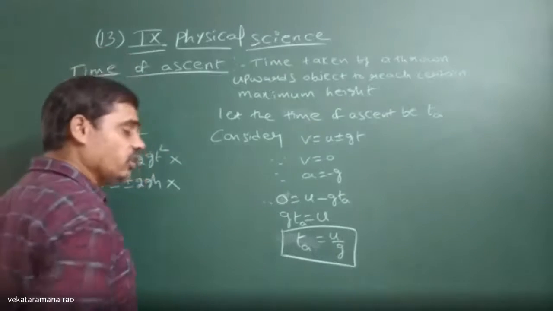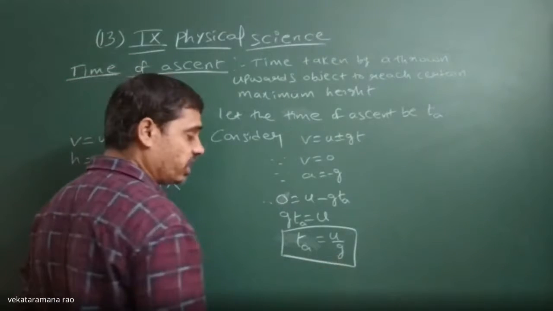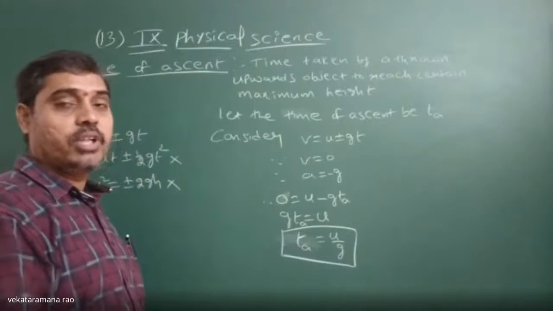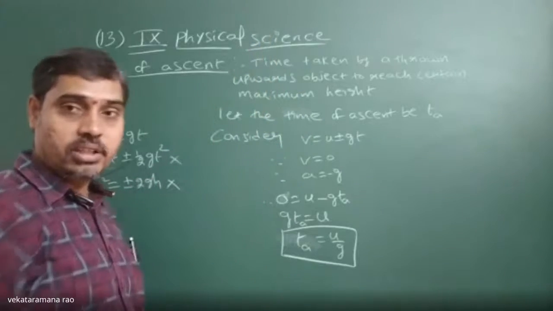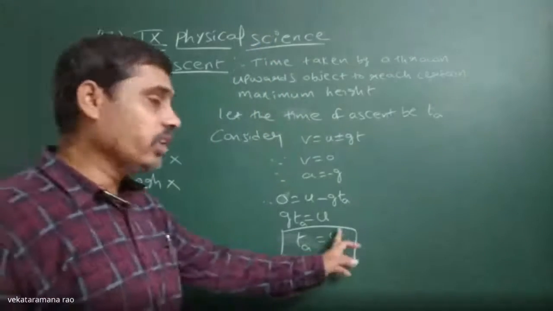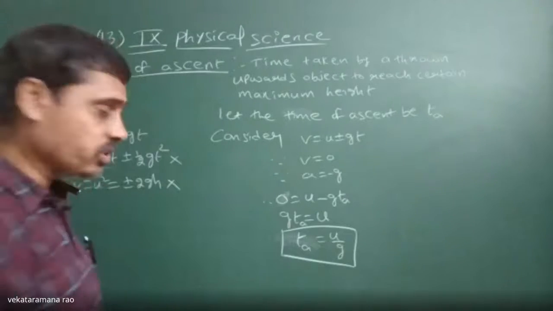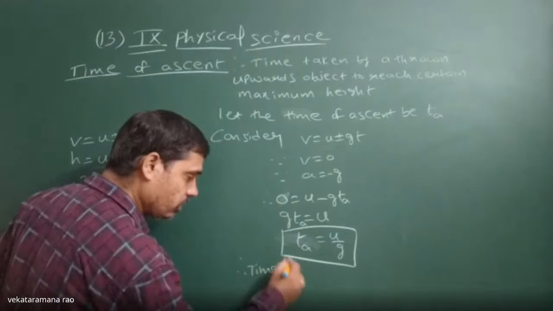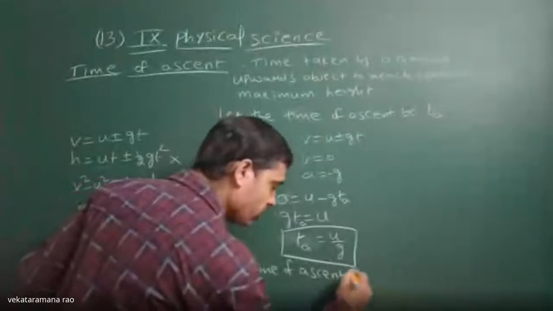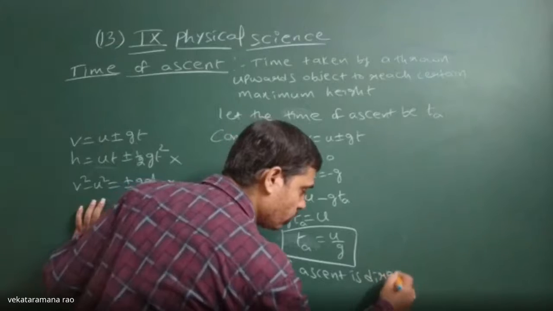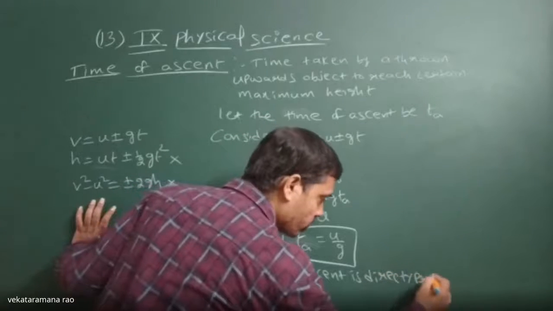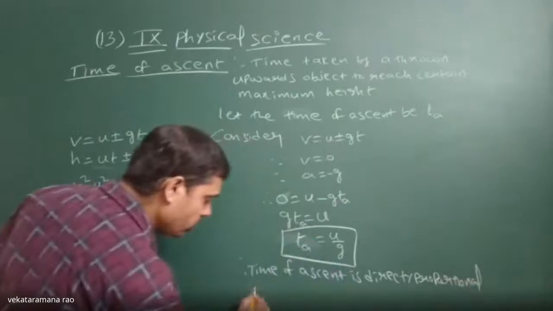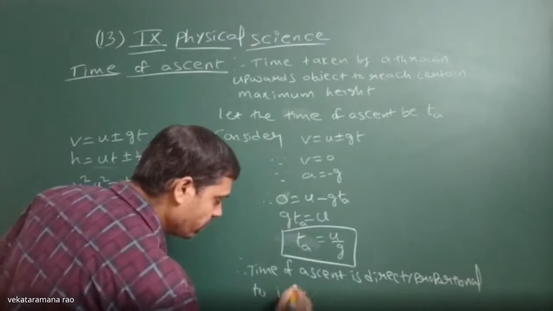We know that g is constant, so u is the only variable. That means how much time it will take to reach a certain maximum height when you throw a body depends upon the initial velocity. Therefore, time of ascent is directly proportional to initial velocity.